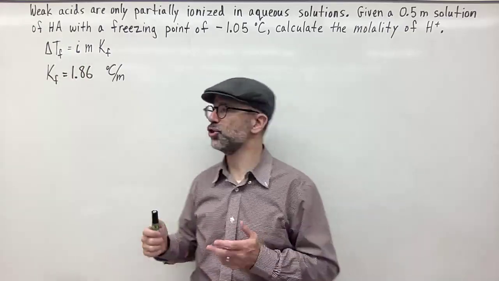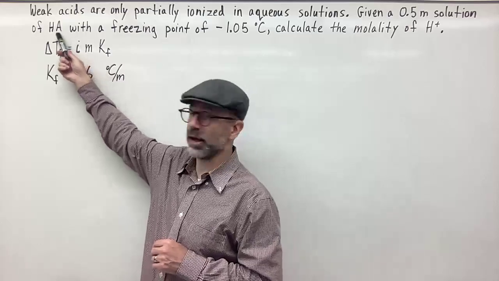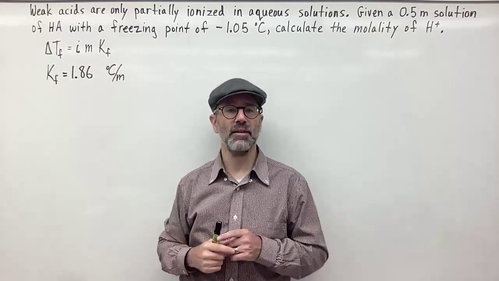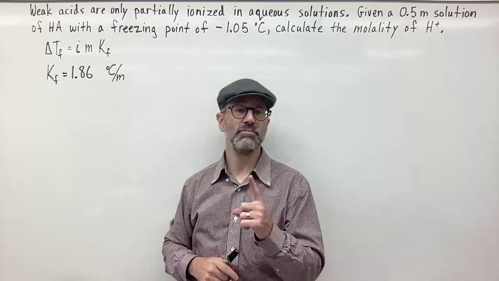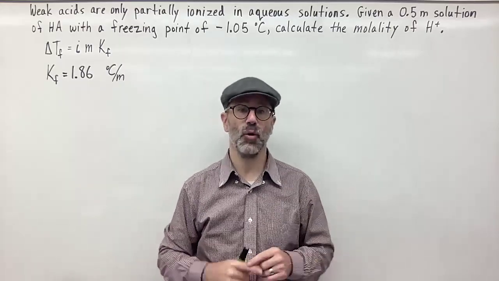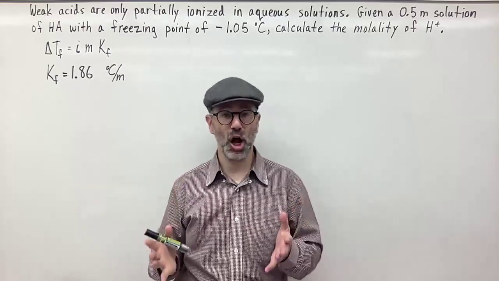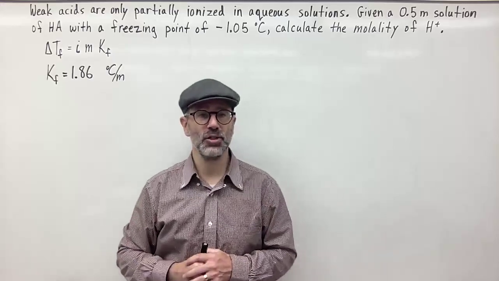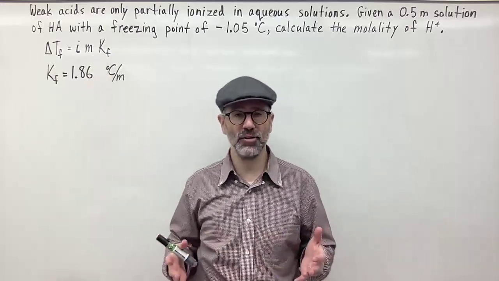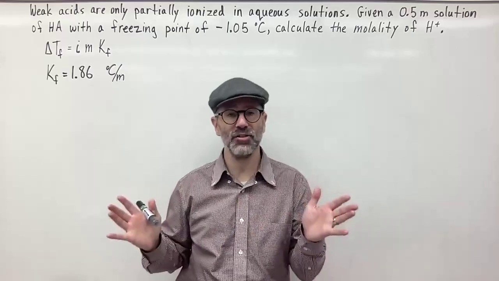If this was like sugar, which doesn't dissociate or ionize in water, then the Van 't Hoff factor would be 1, because for every 1 molecule of sugar, you get 1 particle dissolved in water. If instead of being a weak acid it was a strong acid, that means it would totally ionize in water.